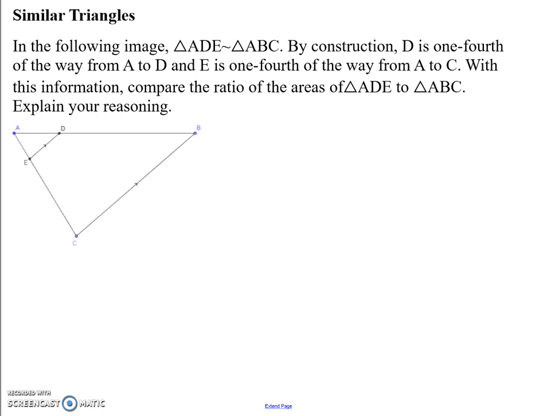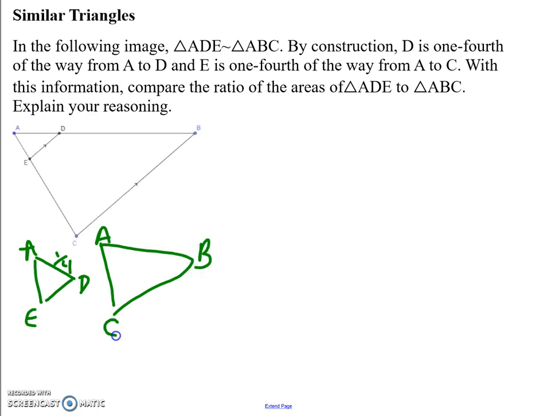I know that if I wanted to, I could say here's A, D, E, that this is 1/4, and I'm going to make these not actually to scale, but this would be like a 1/4 to 1, which means that this would be 1/4 to 1, and this would be 1/4 to 1.